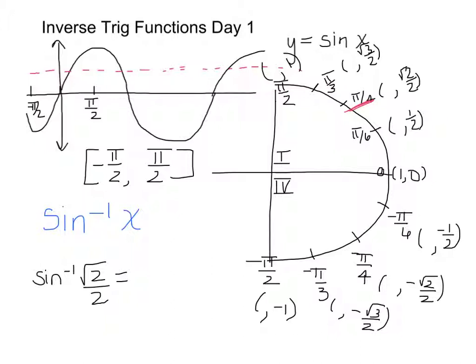So your answer would be pi over 4. So the value that they give you has to be one of these 1, 2, 3, 4, 5, 6, 7, 8, 9. If it doesn't fall within those, then it's undefined.